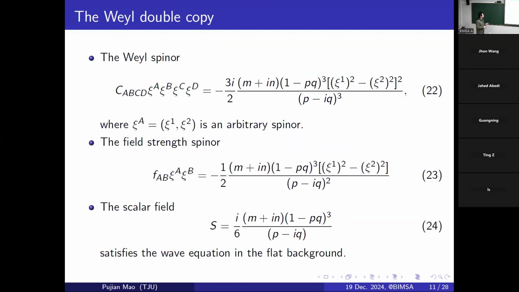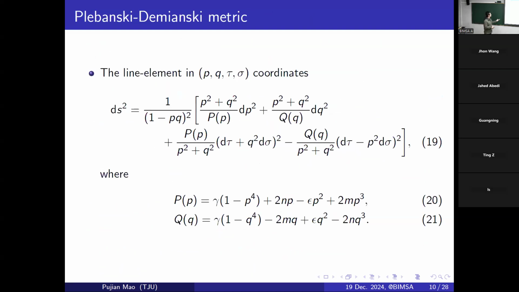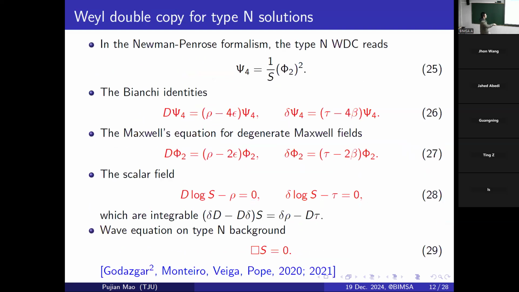And then those two cases prove that all of them satisfy. For type D, you have Plebanski-Demianski. Almost, I mean, there's no uniqueness theorem claiming that the PD solution is the only or the most general, but I mean, this is the most general solution we know. Okay. For type N, we prove that from the equation of motion level.